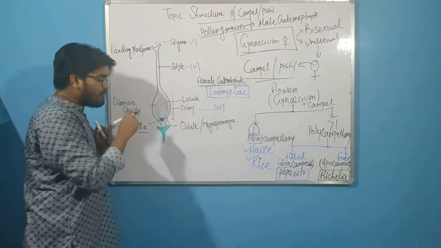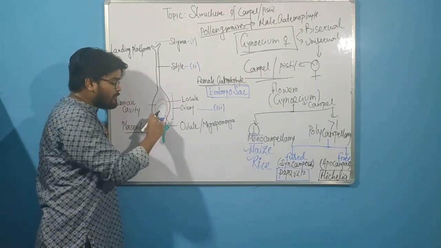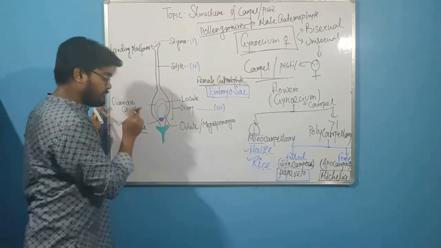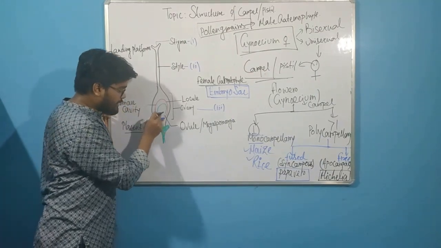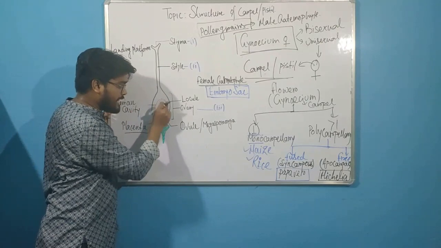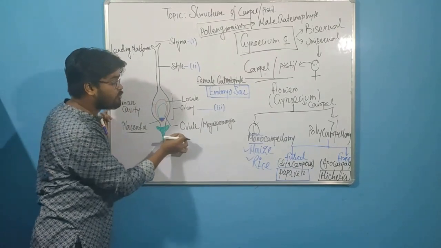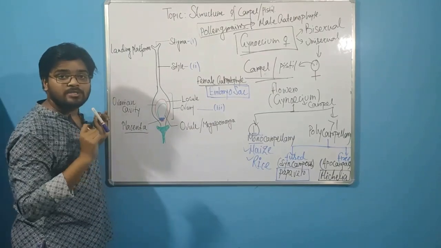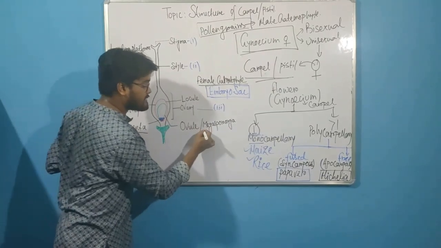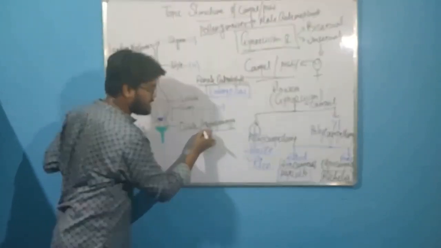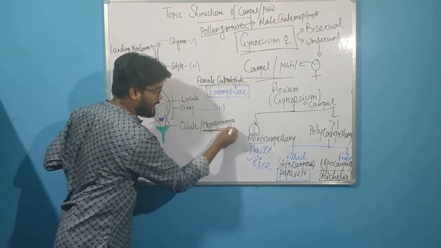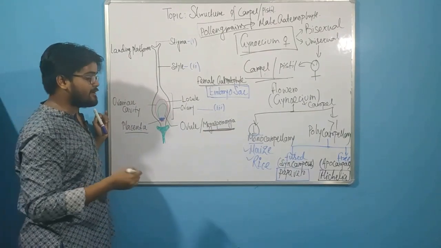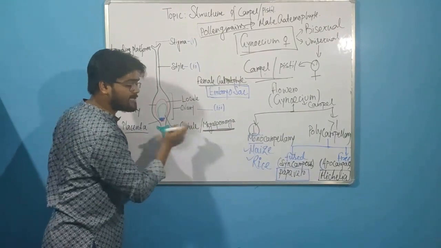From this placenta there will be emergence of the ovule, which we can also call the megasporangia. Don't forget that, don't miss it. It's not microsporangia, it's megasporangia.